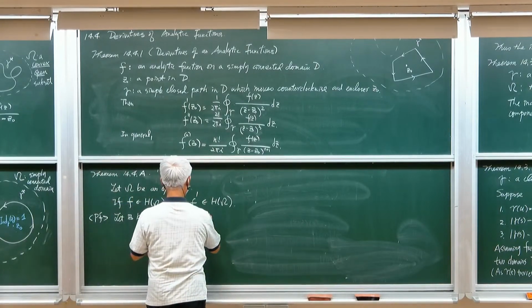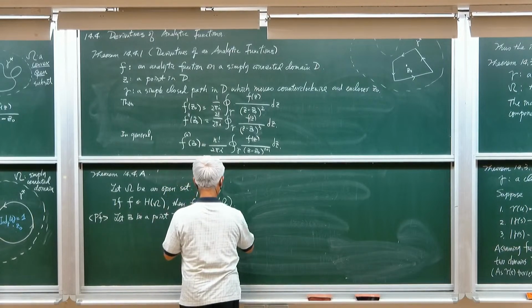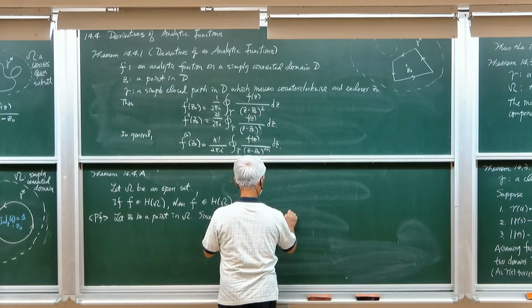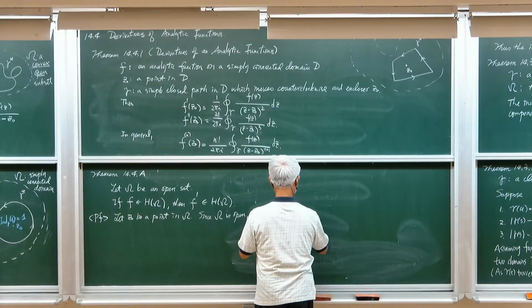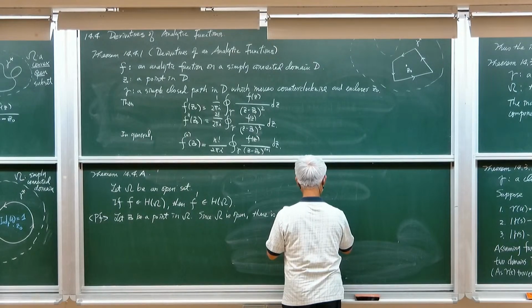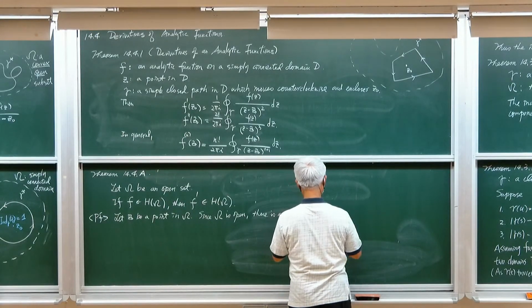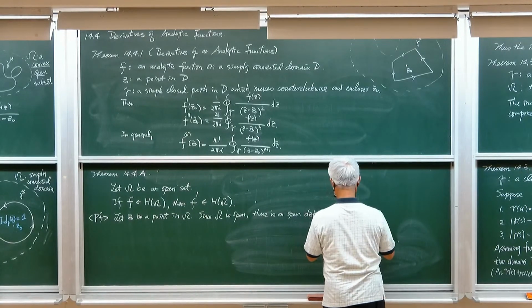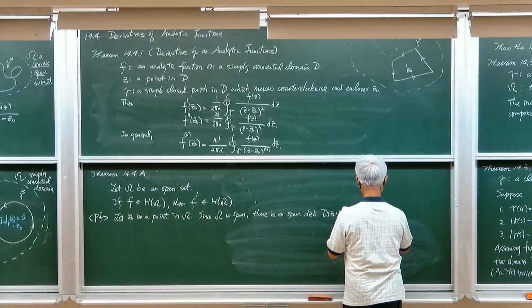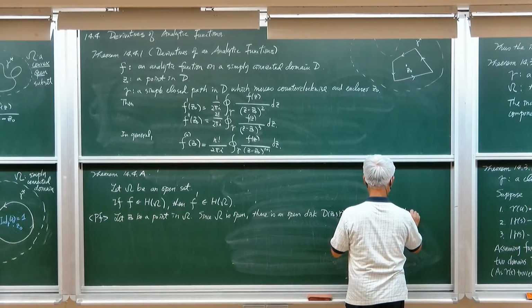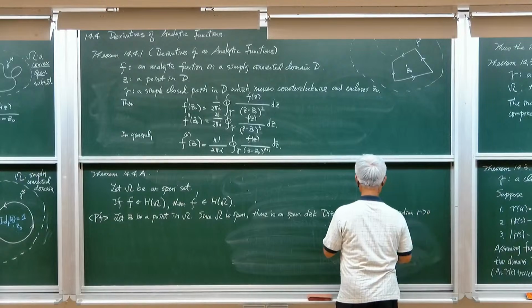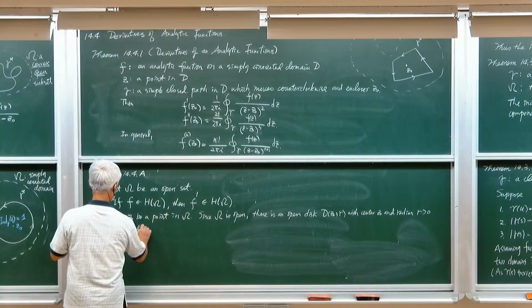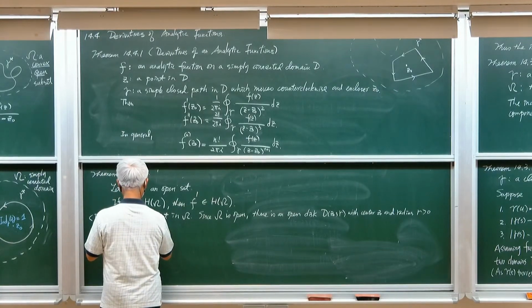Now, since omega is open, there is an open disk D with the center z0 and radius r0, and this open disk is contained in omega.